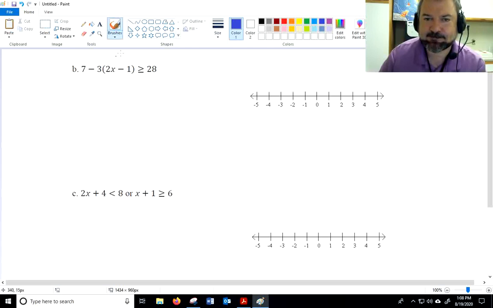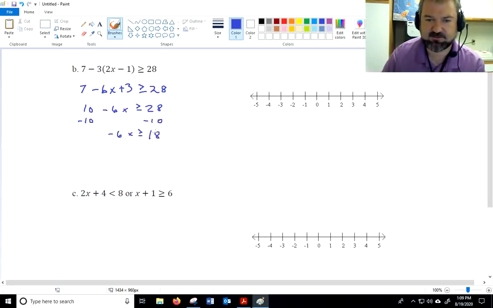Let me get back my pen. 7 minus 6x plus 3 is greater than or equal to 28. All right, now I'll combine like terms and I get 10 minus 6x is greater than or equal to 28. I'll subtract 10 from both sides. And I get negative 6x is greater than or equal to 18.